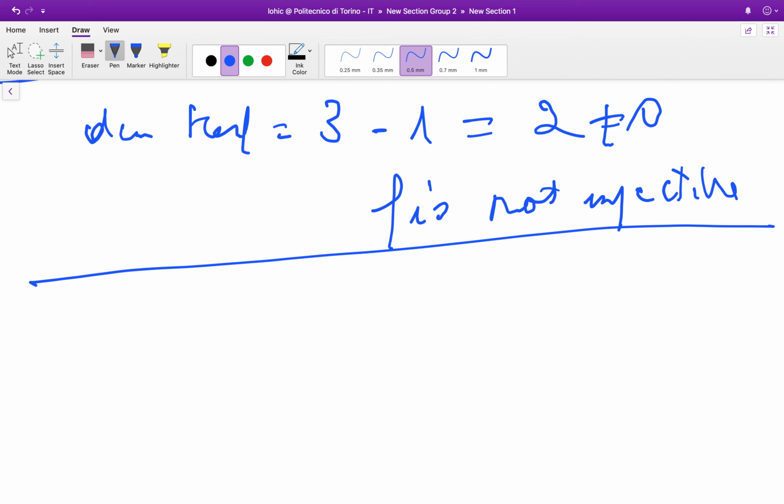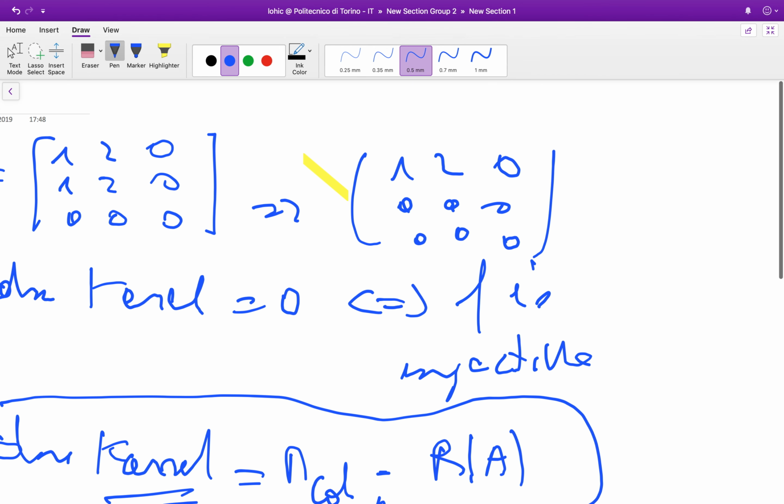In fact, the kernel of the linear mapping is all the vectors that the linear mapping maps to 0. Is that clear?